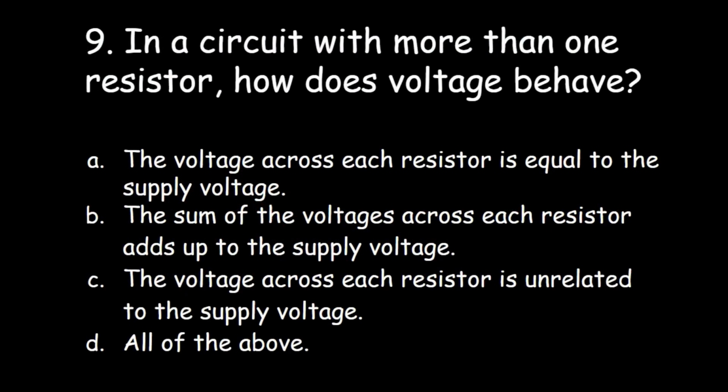Number 9, in a circuit with more than one resistor, how does voltage behave? The voltage across each resistor is equal to the supply voltage. The sum of all the voltages across each resistor adds up to the supply voltage. The voltage across each resistor is unrelated to the supply voltage, or all the above.